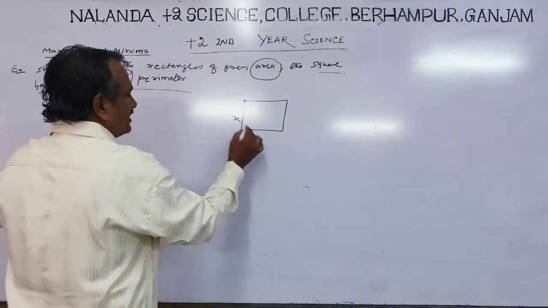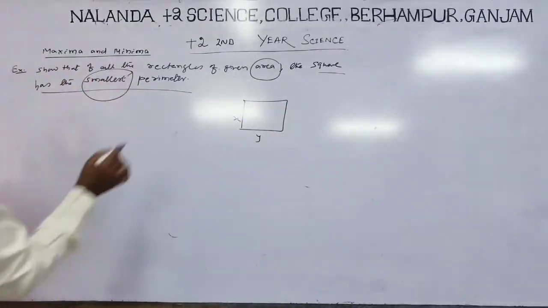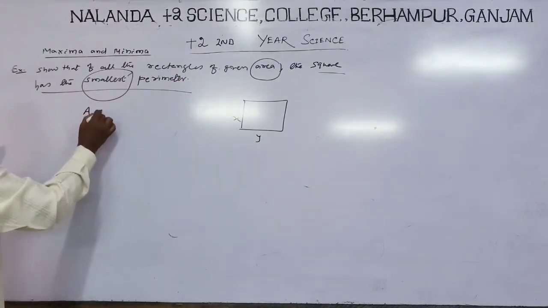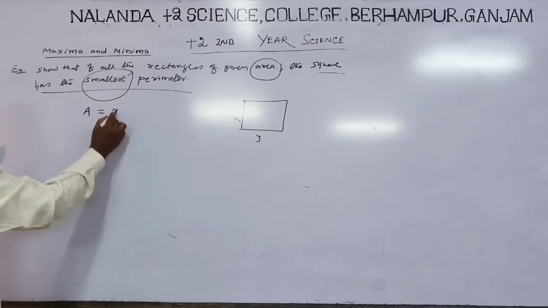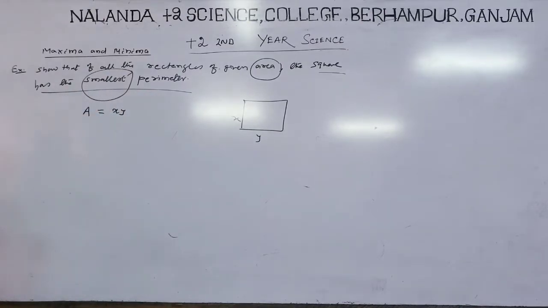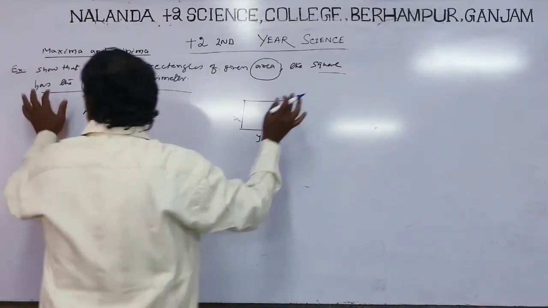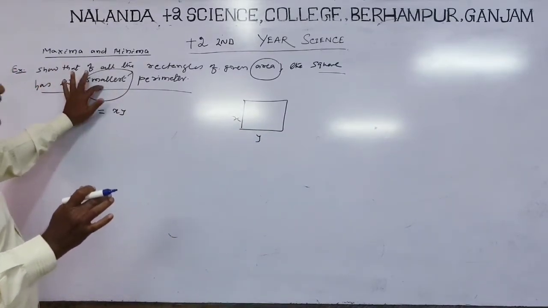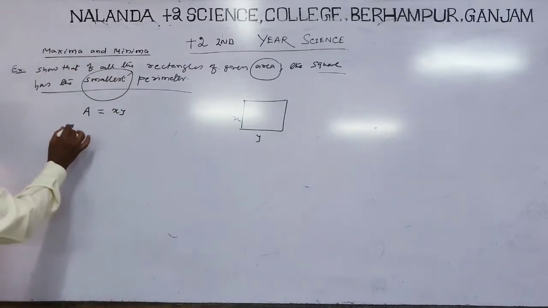This is x and this is y, so the area is xy. The given area, let us say a, equals xy. This is given. The square has the smallest perimeter. What is the perimeter?